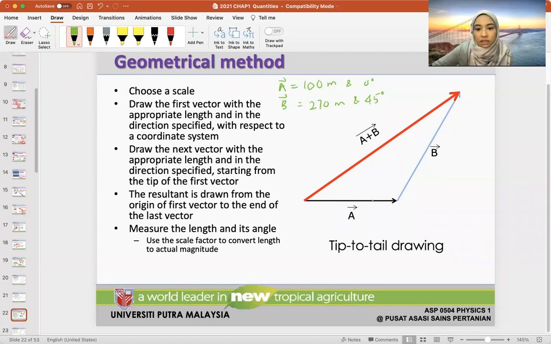So A vector is 100, B vector is 270 with an angle of 45 degrees. So these are the 2 vectors. How did I know that A vector is 100 meter and 0 degrees? Diorang kasih dalam soalan. So if they didn't give me the angle, how would I know the angle? The angle is with respect to the positive x-axis.